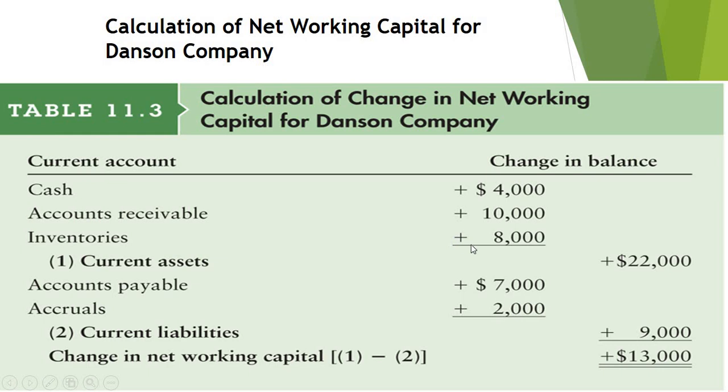All are current assets, so there was an increase in overall current assets by 22,000. And accounts payable increased by 7,000 and accruals increased by 2,000. So there is an increase in current liabilities by 9,000. So overall change in net working capital is $13,000.